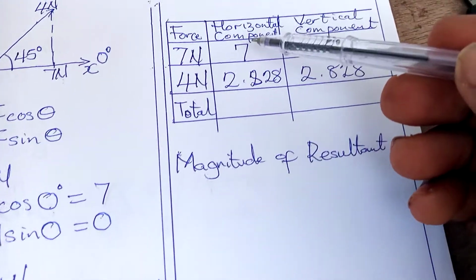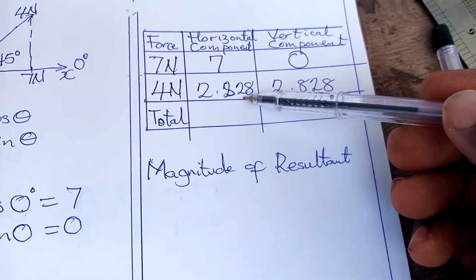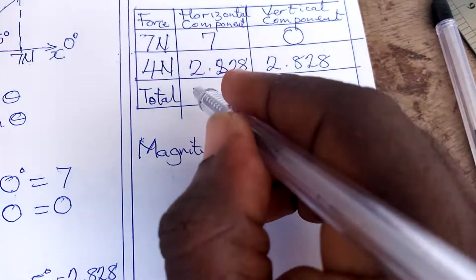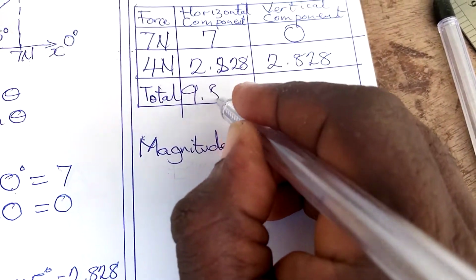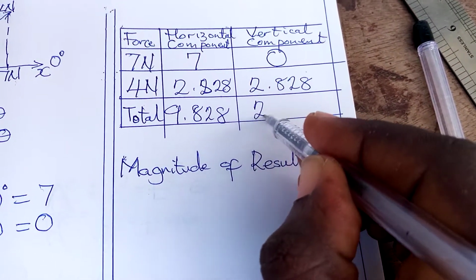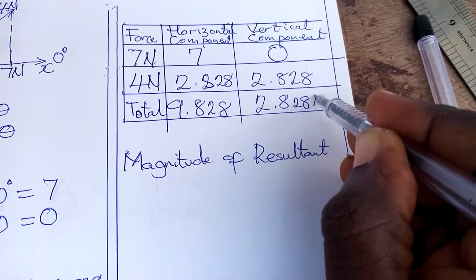We can find the addition of all horizontal components and all vertical components. At this point here we have 9.828, and here we have 2.828 newtons.